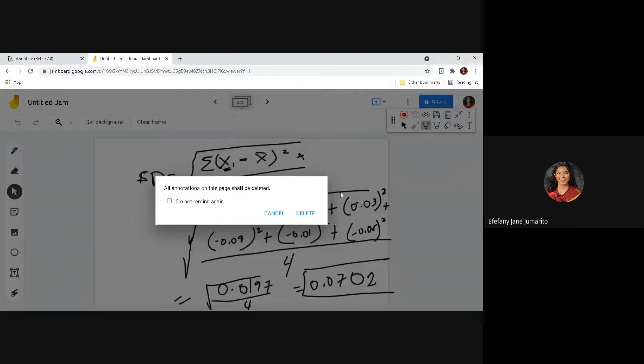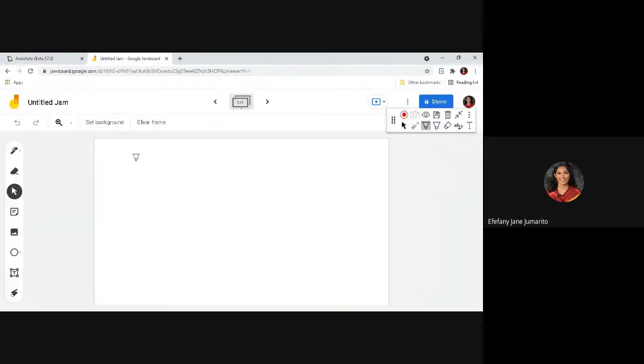Okay, so what was the equation of the line? Y is equal to 0.232, ma'am, plus 0.162. Correct? Yes, ma'am.